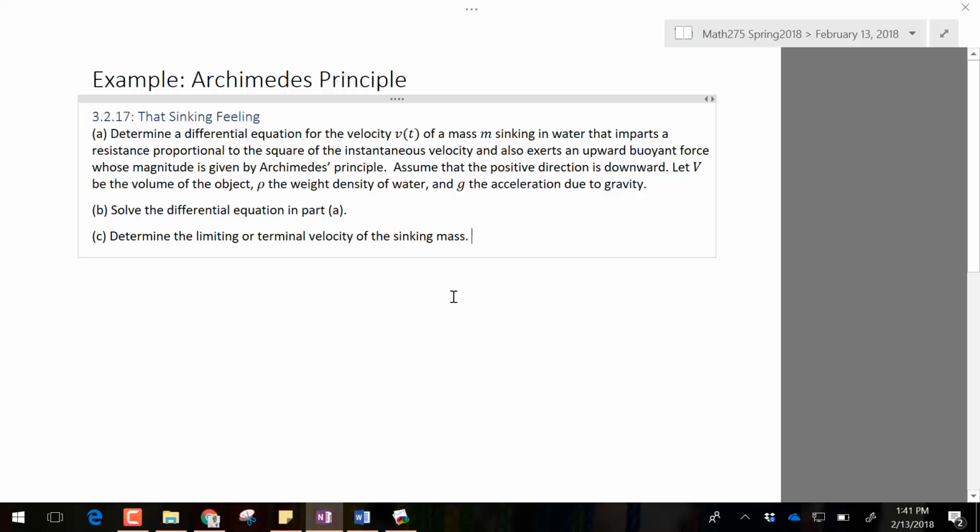This was one of the problems that you guys did in section 1.3, the buoyancy problem. And so this takes that and actually tries to solve for it. Remember back then you were just supposed to find the differential equation. So now that we know how to deal with first order differential equations, we should be able to solve this.